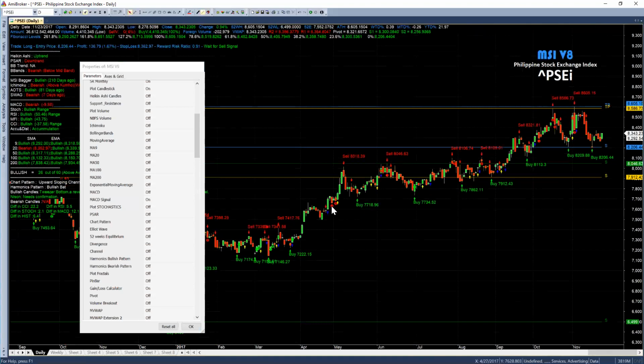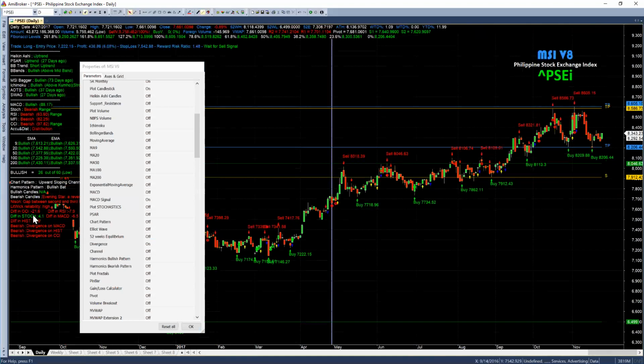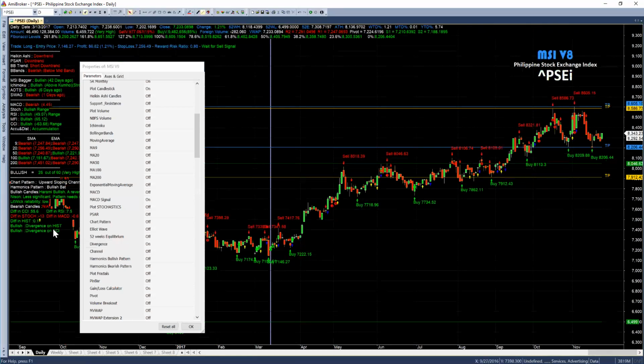For example, here, makita niyo yung analysis dito. Ito yung mga bearish divergence na meron. So if it's a red circle, bearish siya. Pag green naman, ibig sabihin, bullish yung divergence. Nandito yung divergence na nagko-cross. I mean, na-detect ng system.